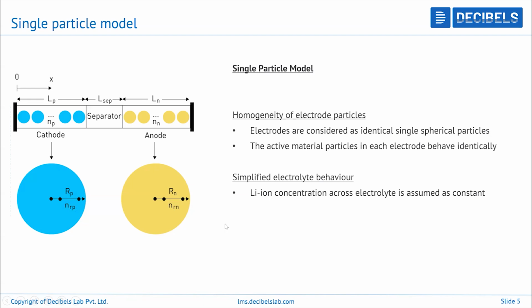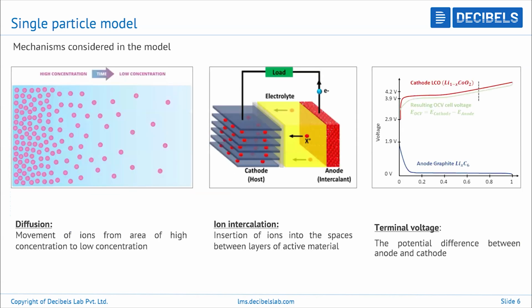Okay. Along with this, we also need to understand what exactly are the mechanisms that the single particle model can cover, or what exactly we can include in this. As I explained before, many of the equations are simplified from 3 dimensions to 1 dimension. So all the movement is considered only along the x-axis, only from anode to cathode and cathode to anode in the x-axis direction.